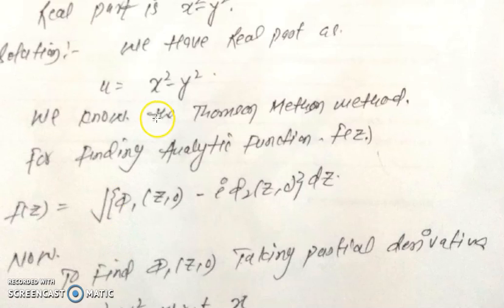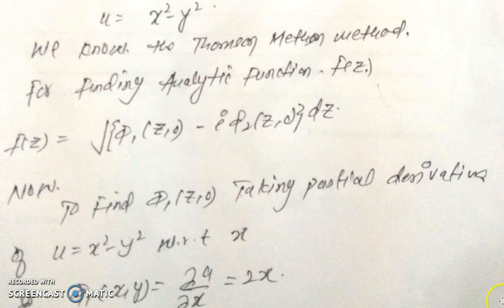Now we know the Thomson formula, or you can say method, to find out the analytic function f(z) as f of z is equal to the integral of phi 1 (z, 0) minus iota phi 2 (z, 0) dz. Here the main thing is phi 1 and phi 2.